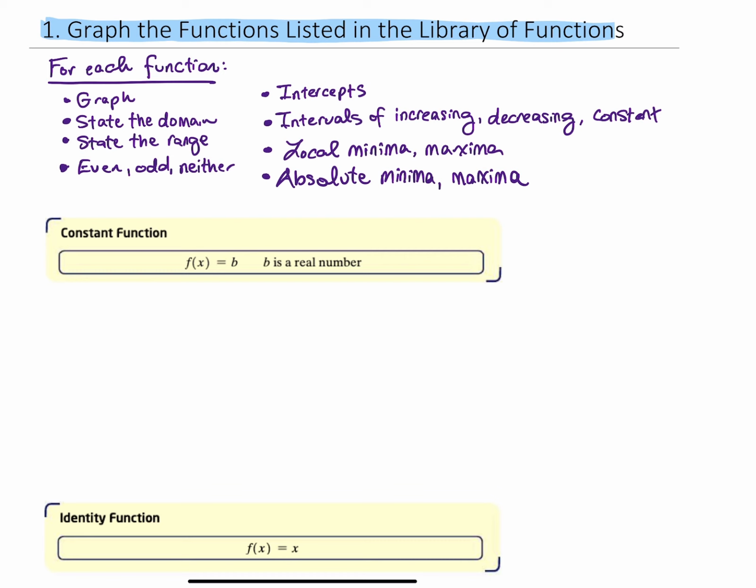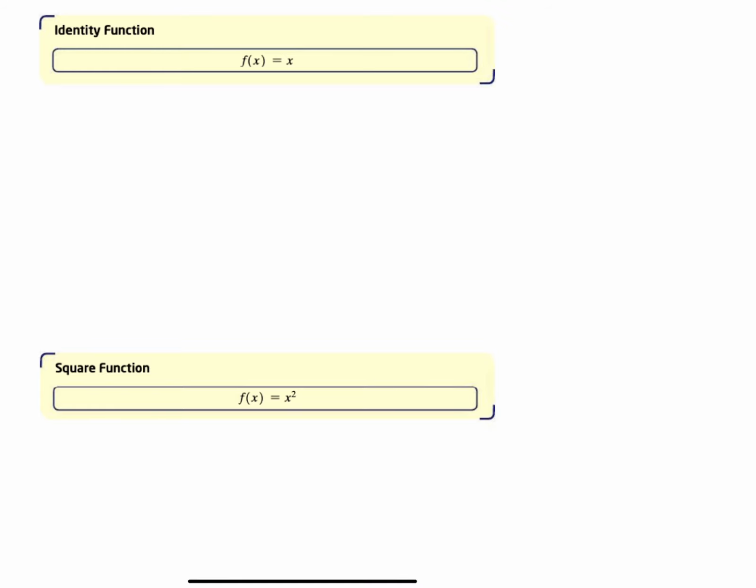So how about the identity function? You may recognize this as a line with a slope of 1 and a y-intercept of 0. Let's create a little sketch.